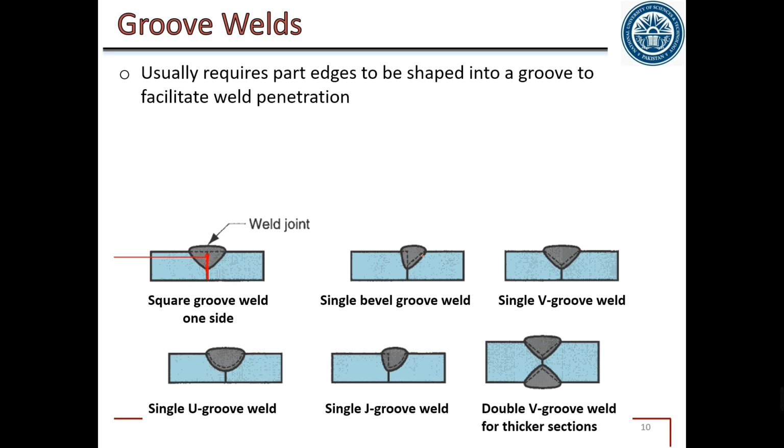Similarly, if you see that we have prepared these edges, plus we have made a small slot on the right hand side, so that the metal is melted from here as well, so the weld is a little bit stronger. Also, we can make a V weld, U groove or J groove, or we can make the groove on both sides of the weld. So these are different types of groove weld.